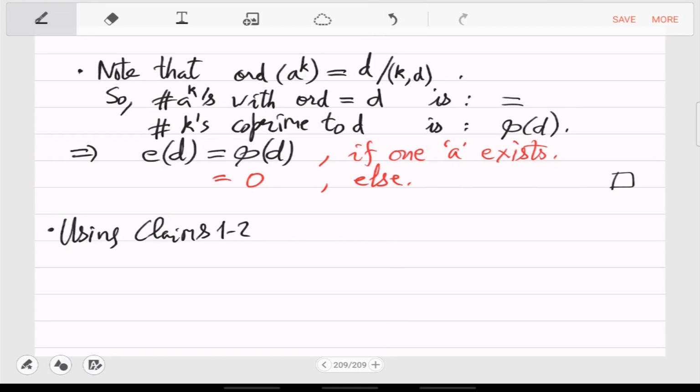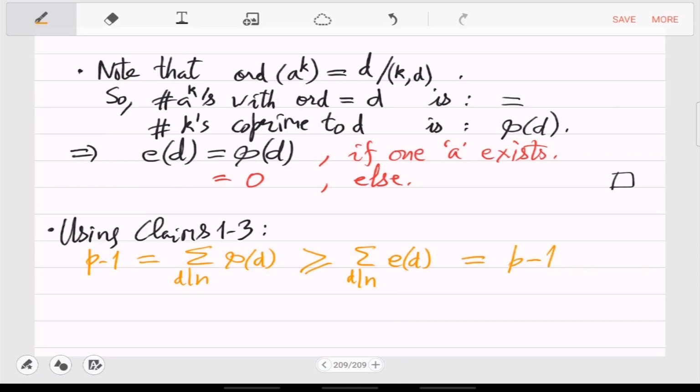Using claims 1 and 2, in fact all of them will do, what you can write is that p minus 1 we have shown is equal to the sum of phi of D. And the sum of phi of D we have shown is at least the sum of E of D. And the sum of E of D we have shown is back to p minus 1, which means that everything is equal.